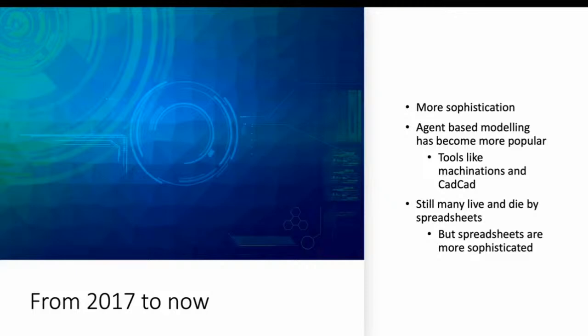However, many people still live and die by spreadsheets, right? So for better or for worse, this is what is happening. But even the spreadsheets themselves are quite sophisticated, right? So essentially the sophistication of the methods also reflects the increasing sophistication of the actual underlying area of tokenomics as well as blockchain and Web3.